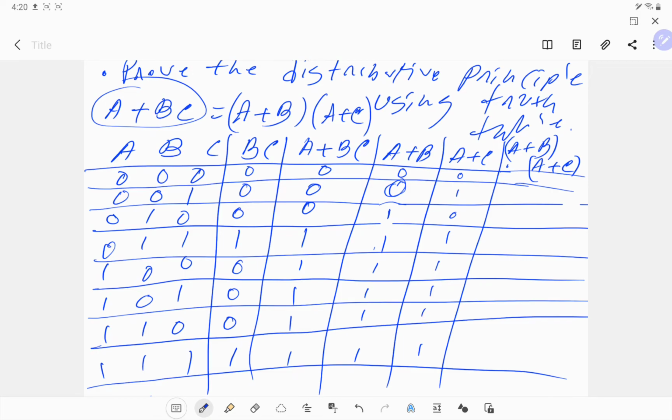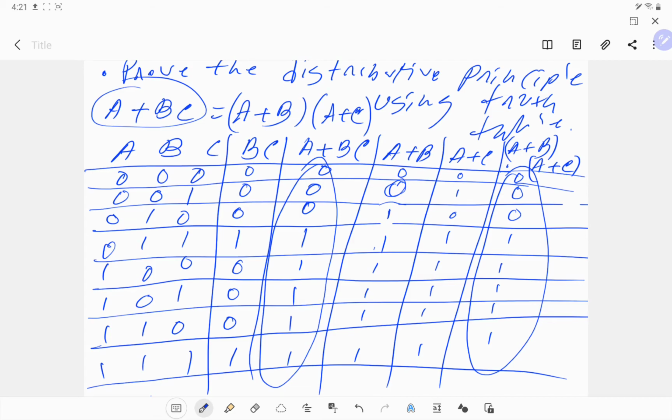Now A plus B times A plus C is 0, 0, 0, 1, 1, 1, 1, 1. So now if we compare that column with that column, these two columns are the same. So we prove the second identity of the distributive principle.